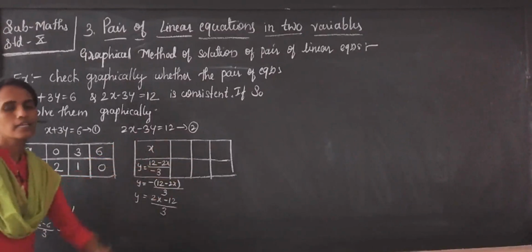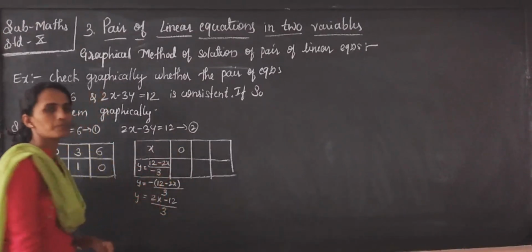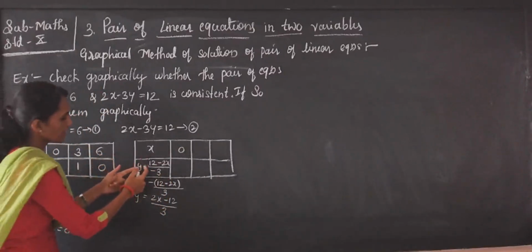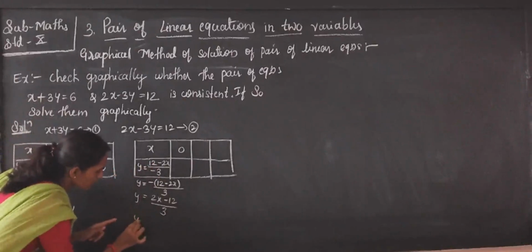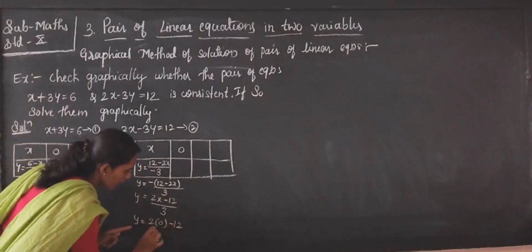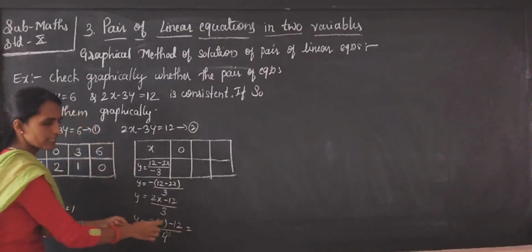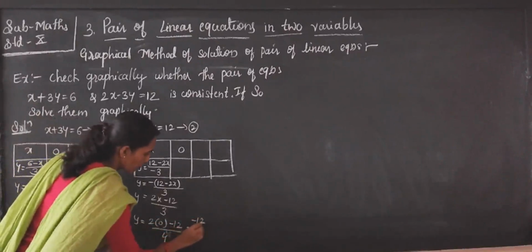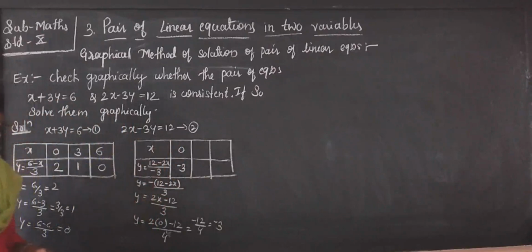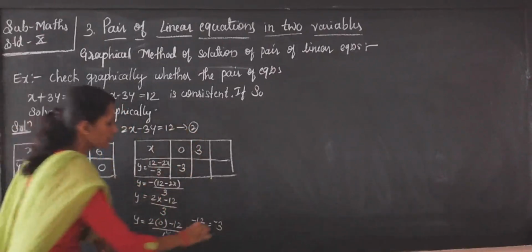Same here also, for the second equation, first take x as 0. Then y is equal to 2 into 0 minus 12 divided by 3, which gives us minus 12 by 3, that is minus 4. So here also, with a difference of 3, take x as 3.